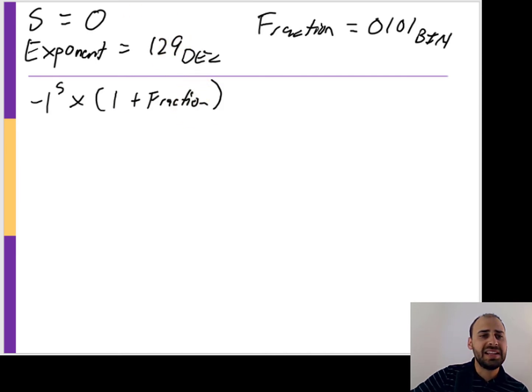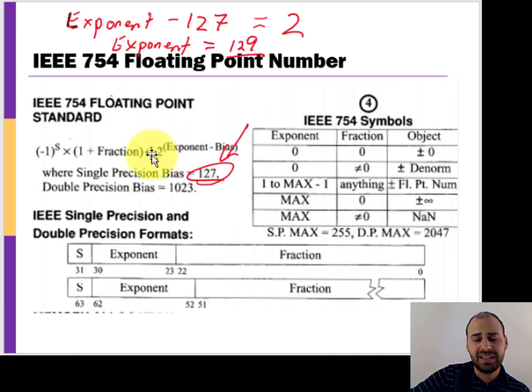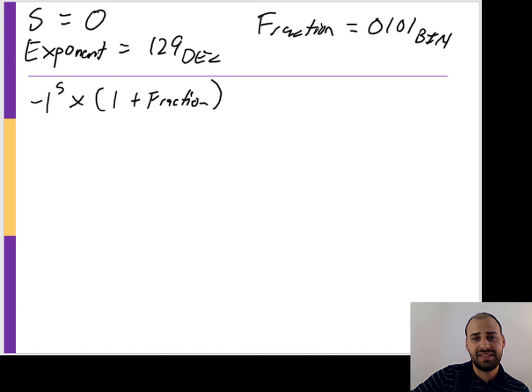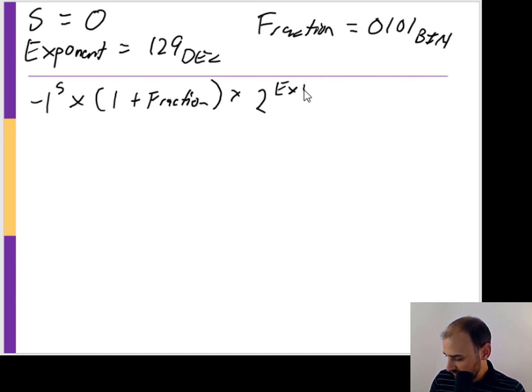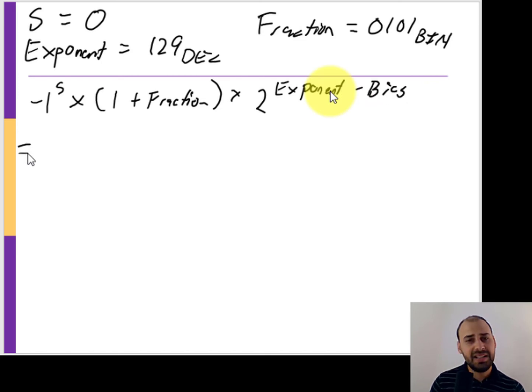And the last piece, going back and looking at this, is times 2 raised to the exponent minus the bias. Let's start filling in what this means. Just like the prior video, since we're raising to the power of 0, that term just drops out.